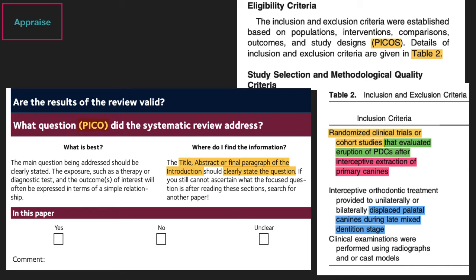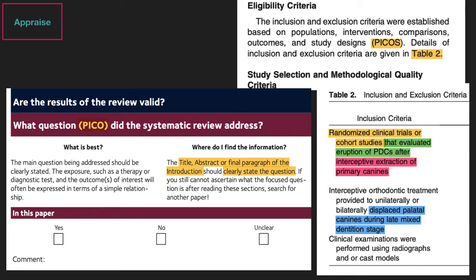So the first question: are the results of the review valid? What PICO question did the systematic review address? In their tool, where can I find the information? The title, abstract, or final paragraph of the introduction should clearly state the question.